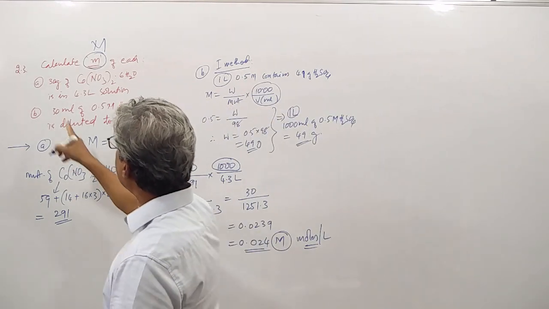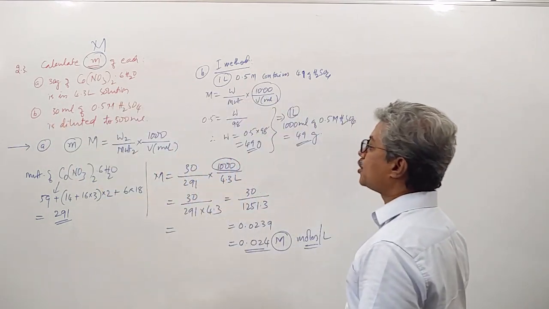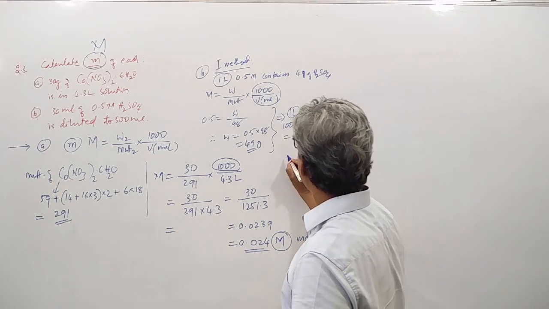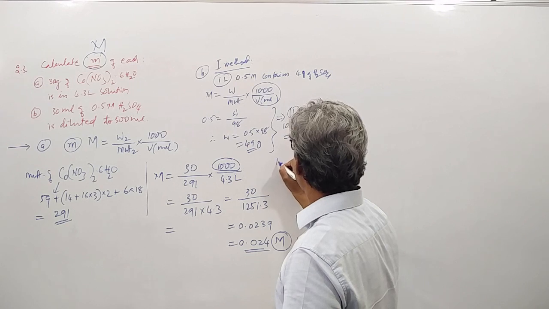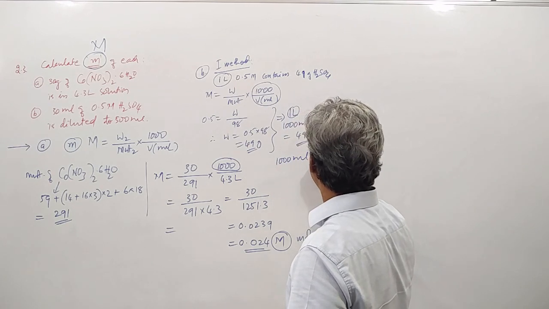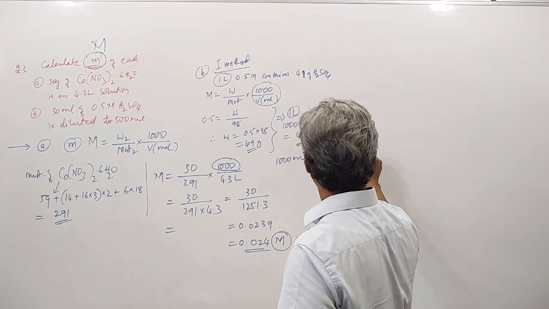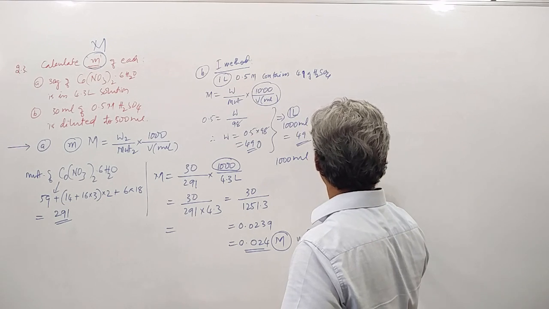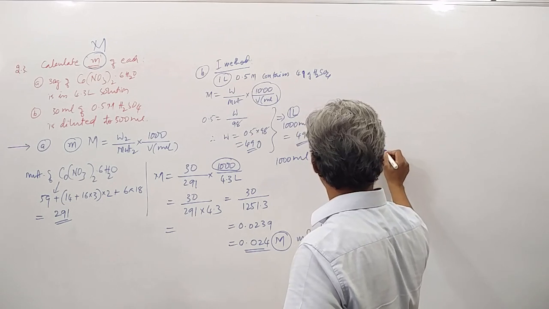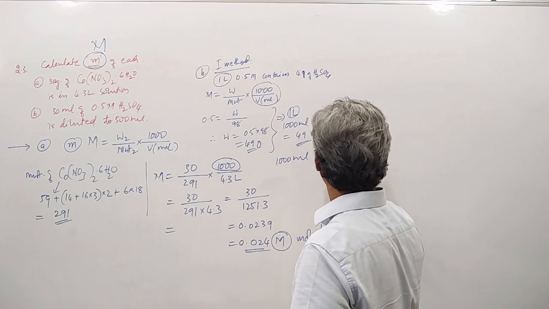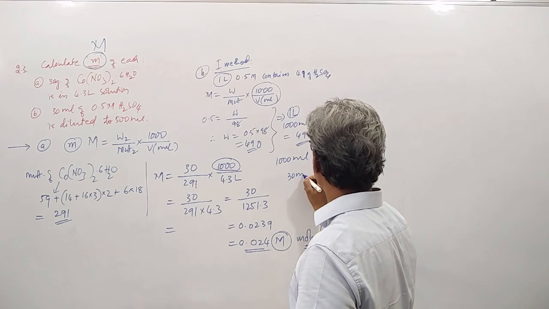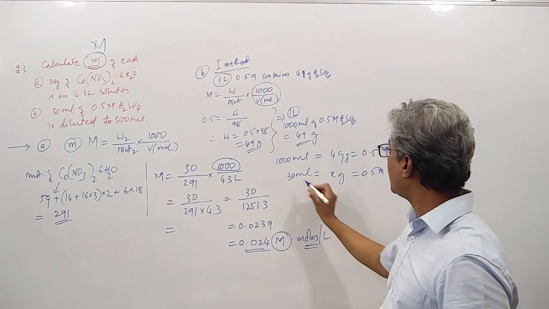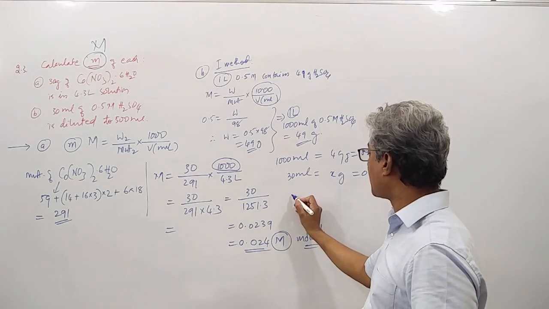Now we want to know how much H2SO4 is present in 30 ml. So 1000 ml contains 49 grams, whose molarity is 0.5 M. In this case molarity remains the same and we want how many grams are present in 30 ml. See students, upon cross multiplication what we get?